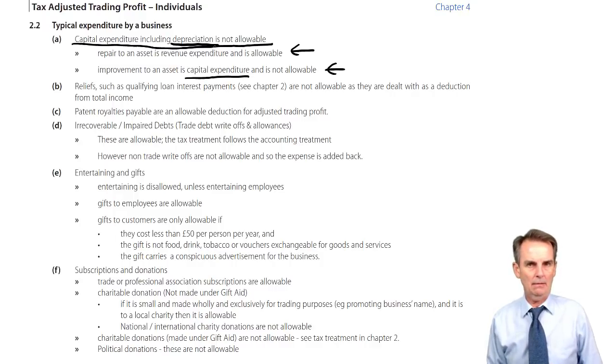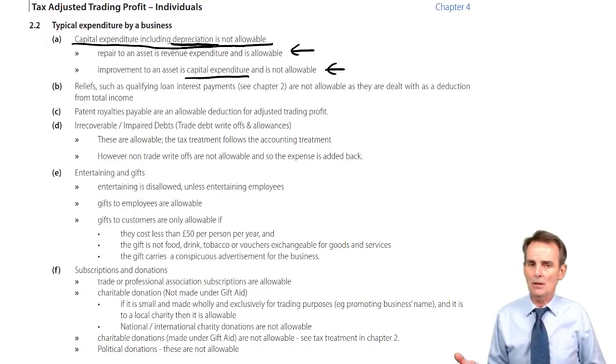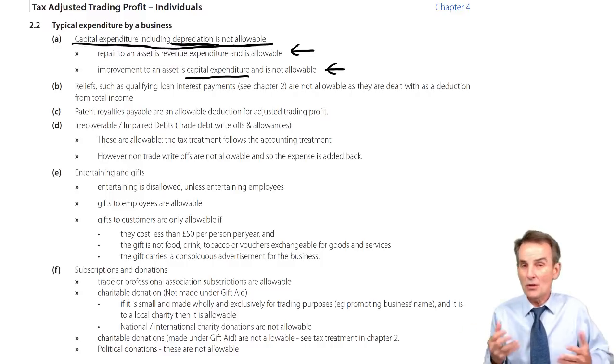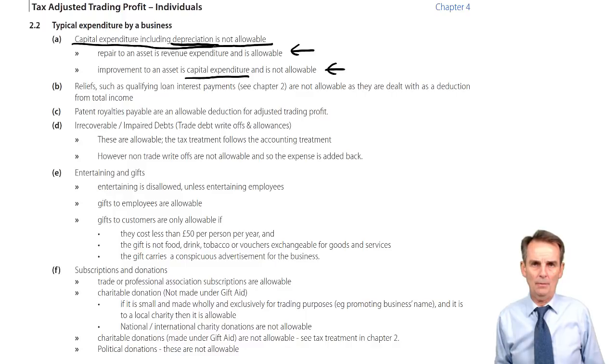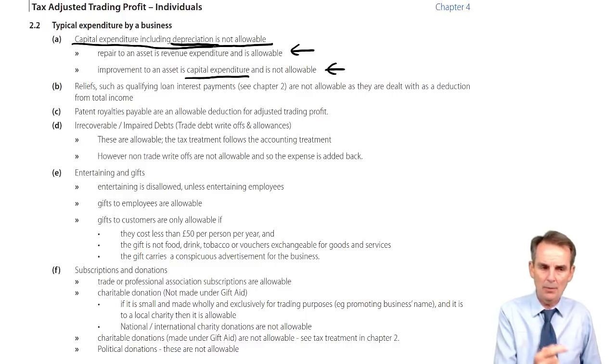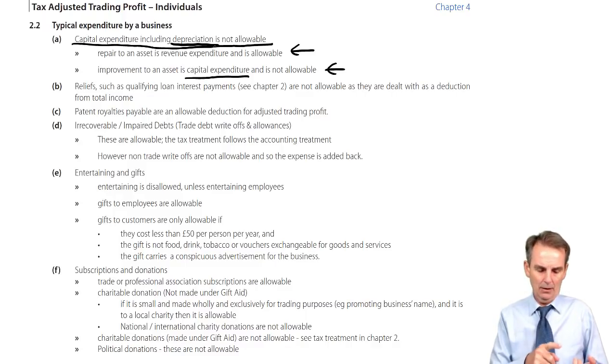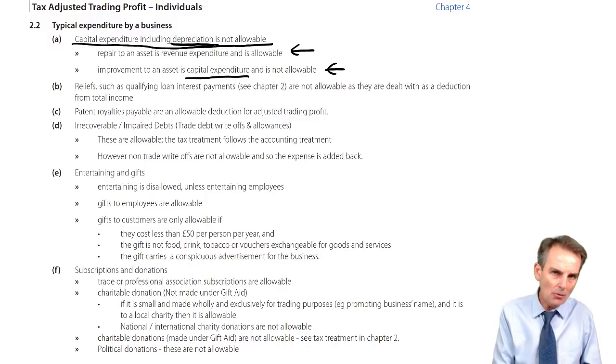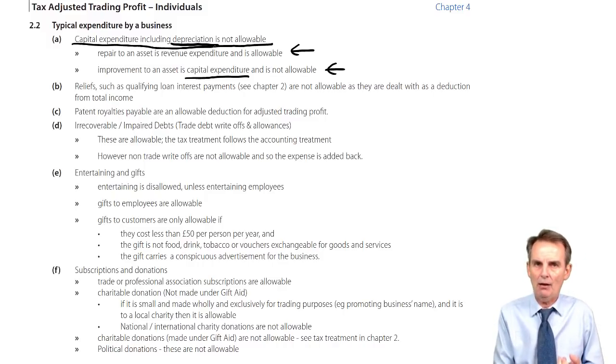The reason being, a loss or a profit on the disposal of an asset simply means that you've either under or overcharged depreciation, which of itself is not allowable. Therefore, depreciation, add back. Debit loss on disposal of asset, not allowable, add back.